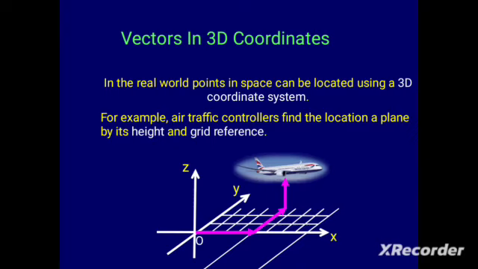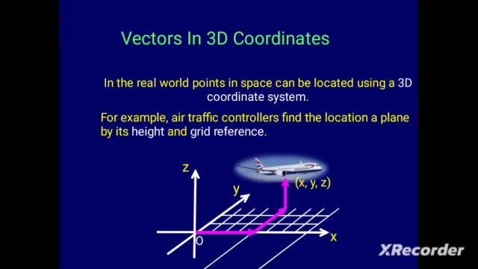But now x and y are on the ground. Of course, x is for the latitude, and y is for the longitude. So we have the 3D coordinate system of this plane to be x, y, z.